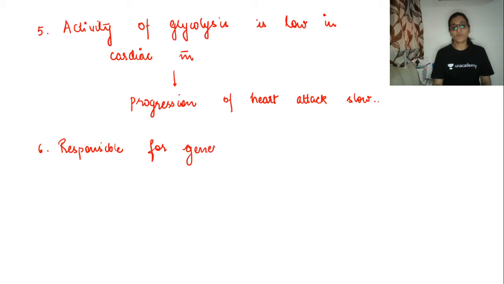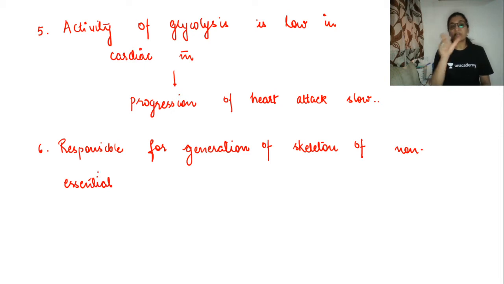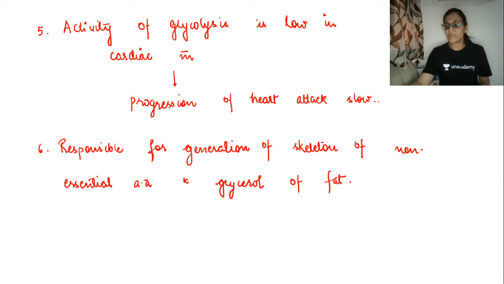Non-essential amino acids are those which are not procured from outside; the body makes them, and they start forming from glycolysis. So these are some of the things.